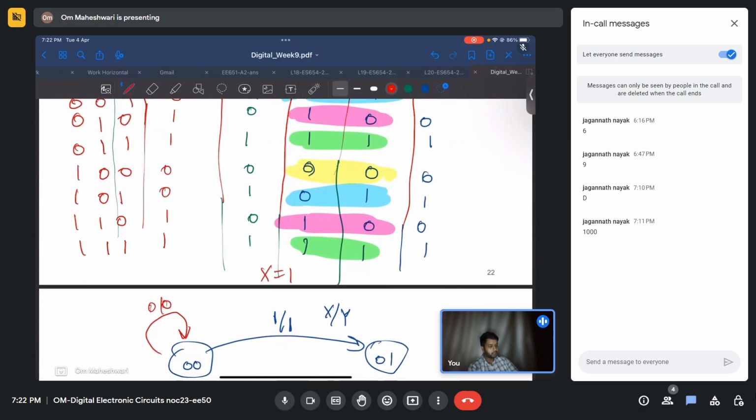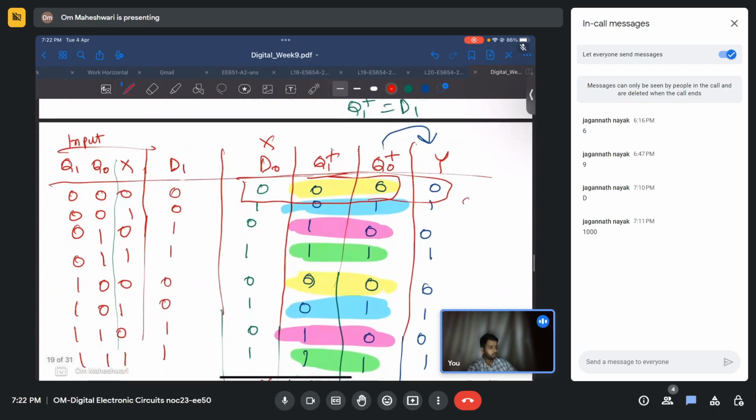X is 1, that means D0 is 1, Q0 is 1, Q1 is 1, Y0 is 1. So when we have X is 1 and Y is 1, we will go from 1 1 to 1 1.